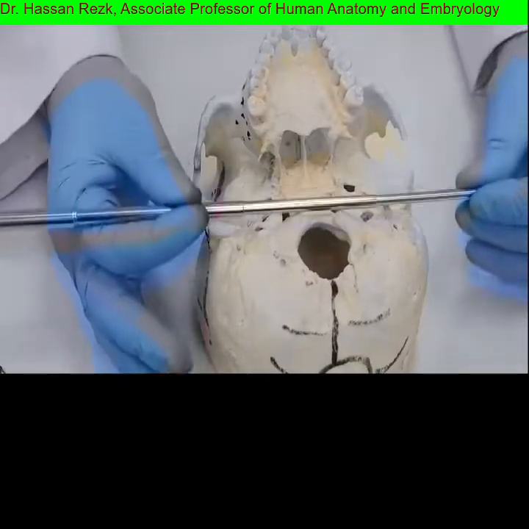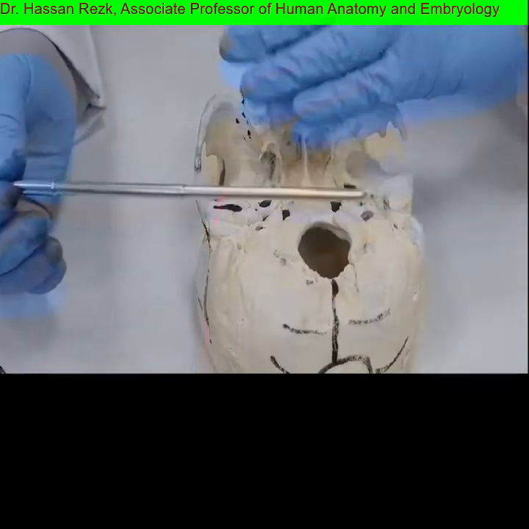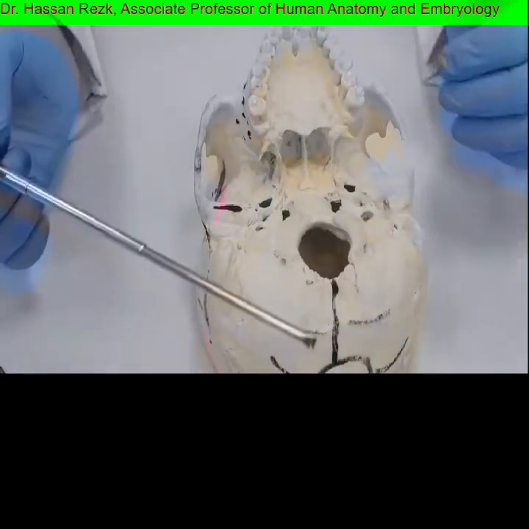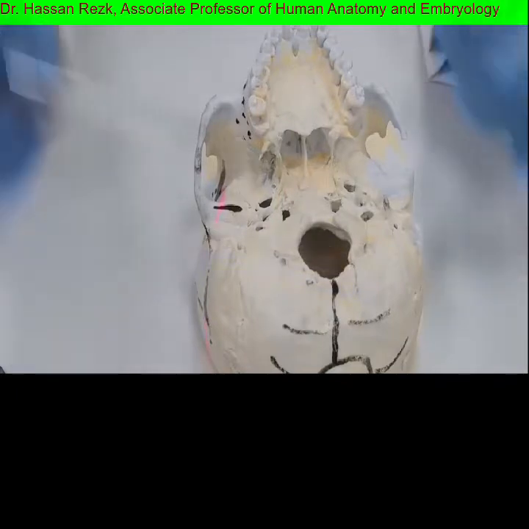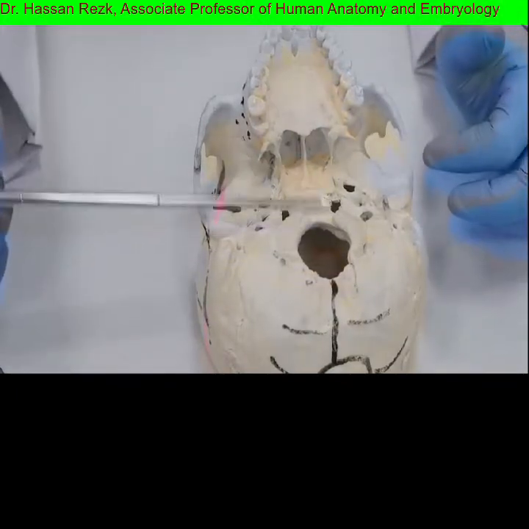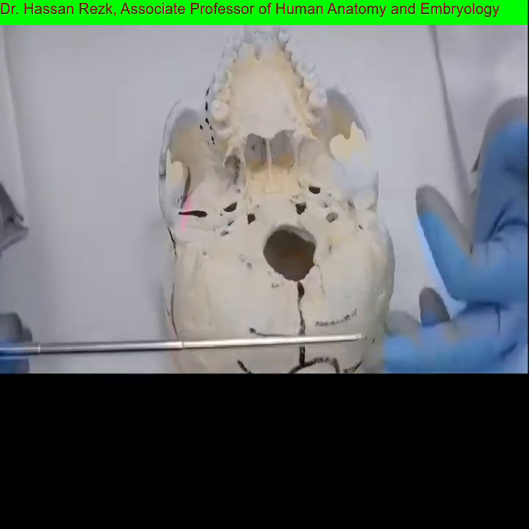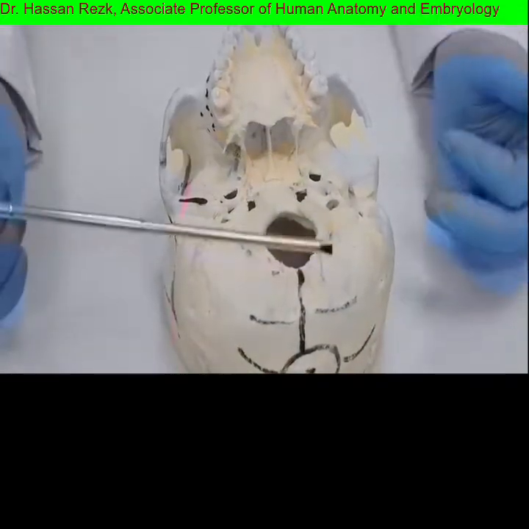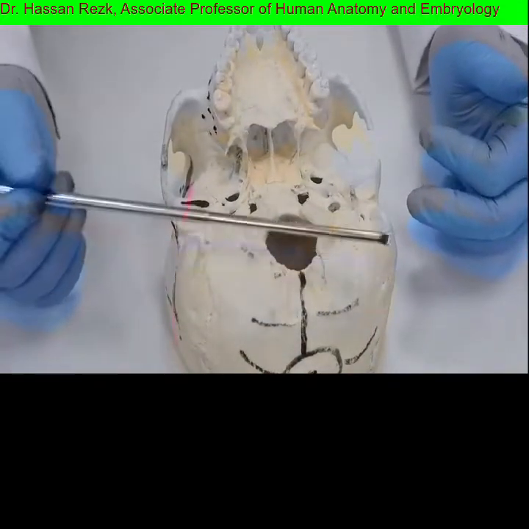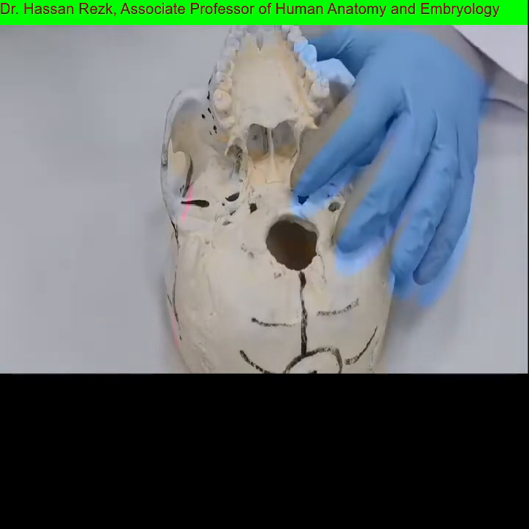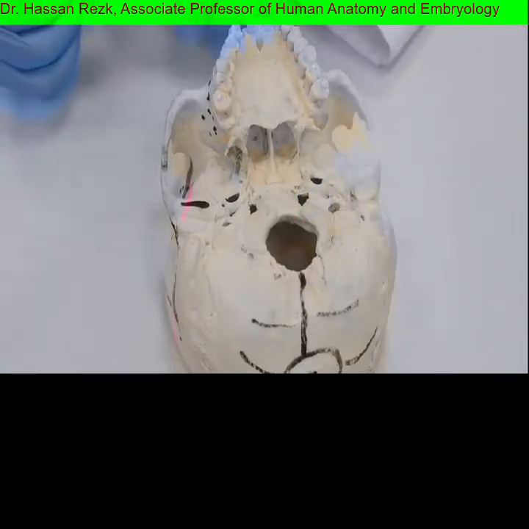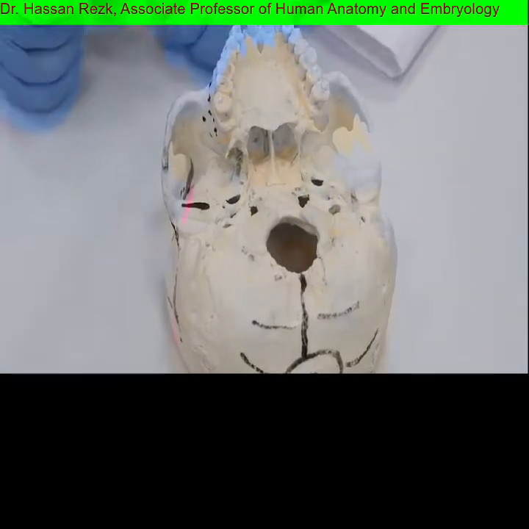By these two lines, we will divide the norma basalis externa into three regions: anterior region, middle region, and the posterior region.